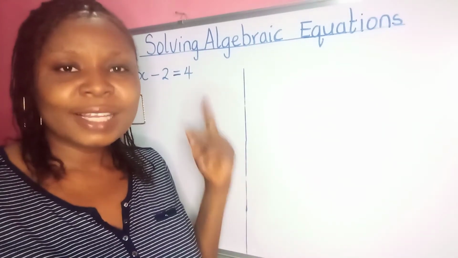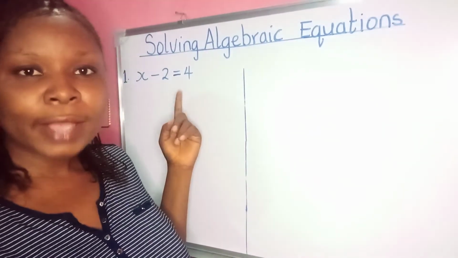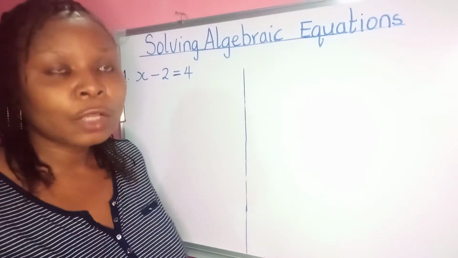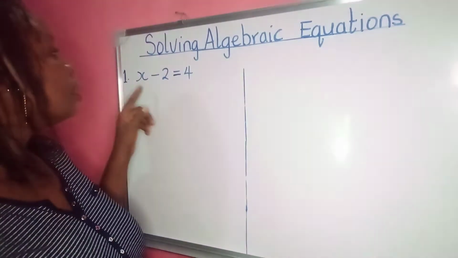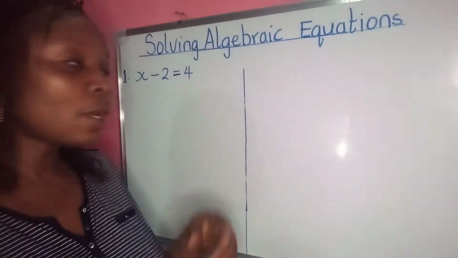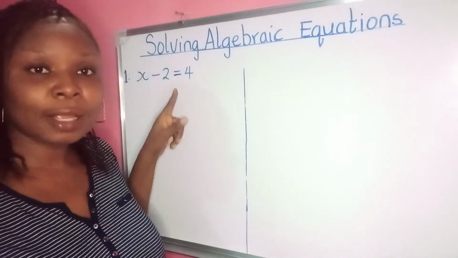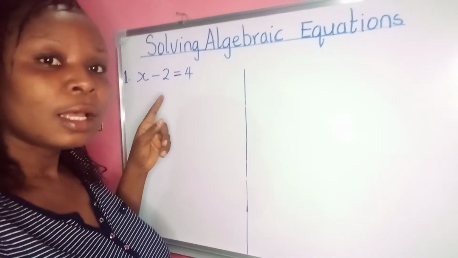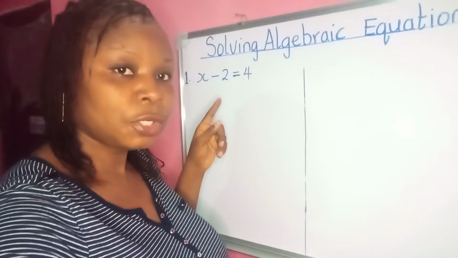Let's find the value of x following the rules of algebra. Now you should also understand that when a number crosses the equality sign, the sign changes. Remember, I said the equality sign is like a bridge. When a number crosses the equality sign, the sign of that number changes.